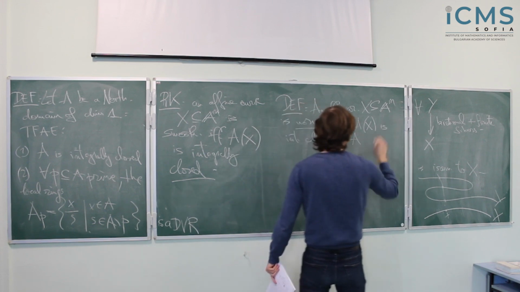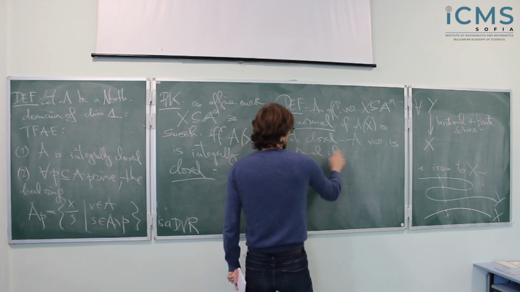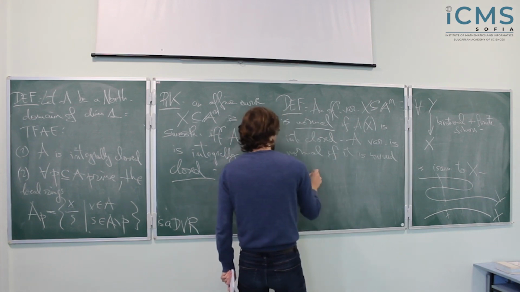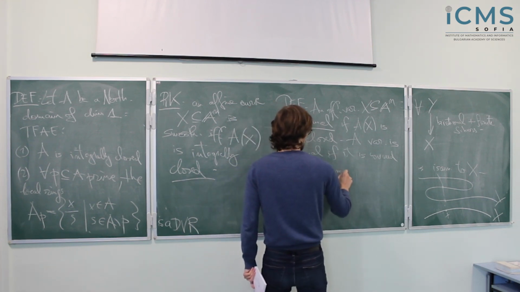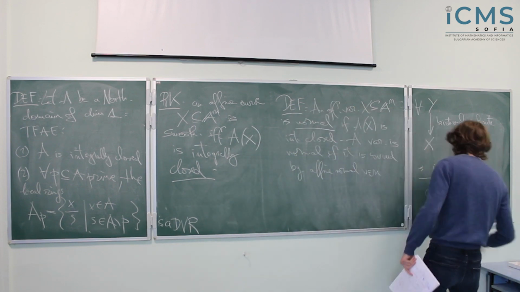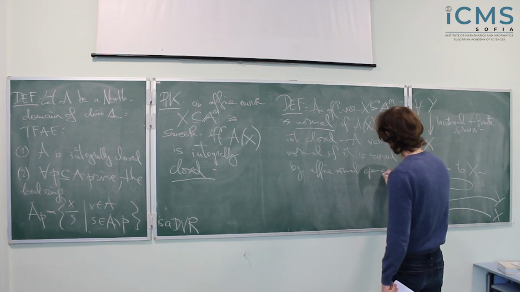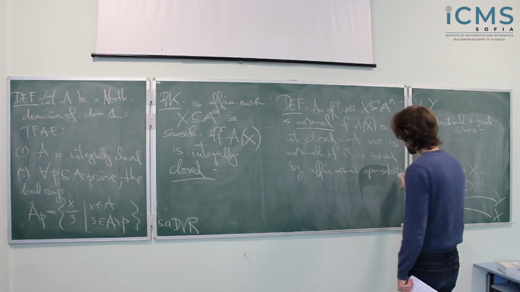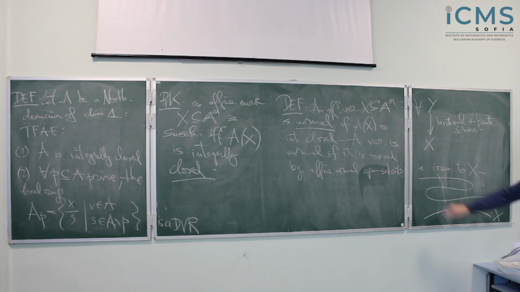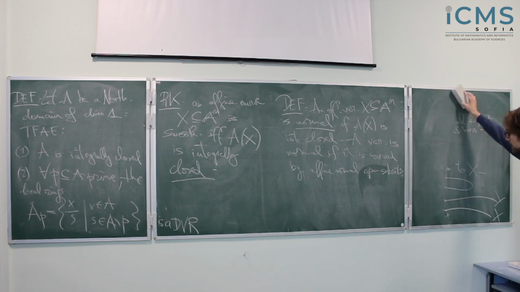So a general variety is normal if it is covered by affine normal varieties, well, open subsets. So these open subsets will have an affine variety structure. Okay, so for curves, being smooth is equivalent to being normal.